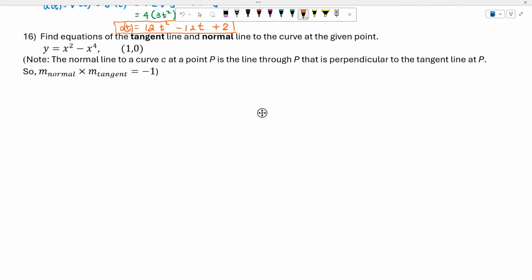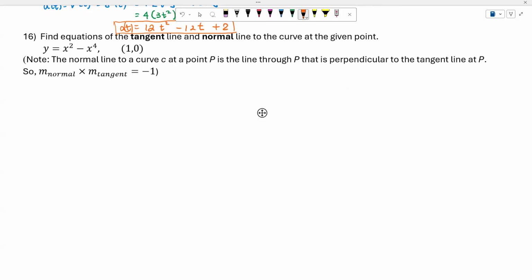Now we know what a tangent line is, but what is a normal line? The normal line to the curve C at a point P is a line through P that is perpendicular to the tangent line at P.